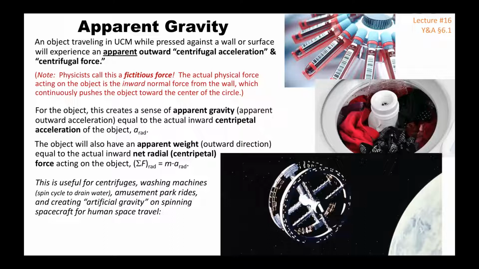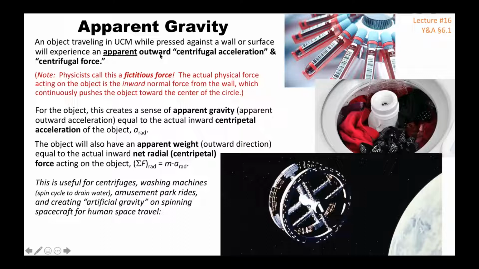Then, from the point of view of the liquid in the vial or the piece of clothing pressed against the wall, that piece of clothing thinks that it is experiencing an outward force.